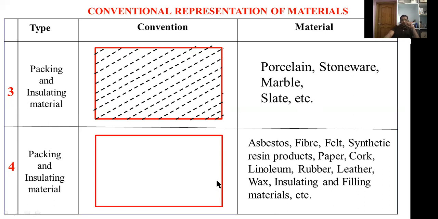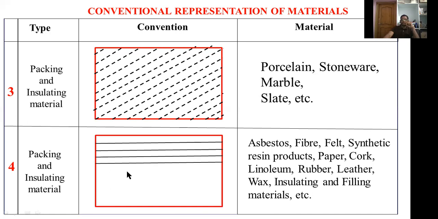Now, if you want to draw the conventional representation for asbestos materials, fiber materials, felt, synthetic resins, paper, cork, linoleum, rubber, leather, wax, insulating and filling materials, how to represent these materials? For these materials, I am drawing the horizontal hatching lines.